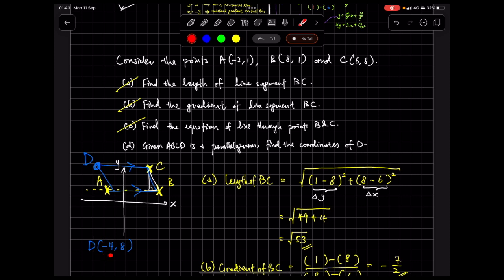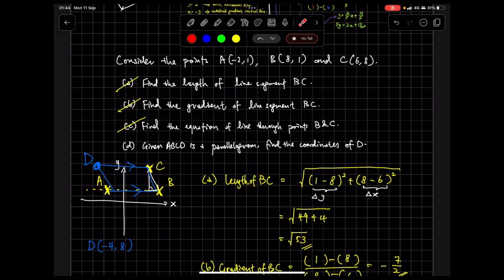Now, the x coordinate of D is -4. D should be around here, on the left side of A. A has an x coordinate of -2, and from what I found, D has an x coordinate of -4. It is to the left.